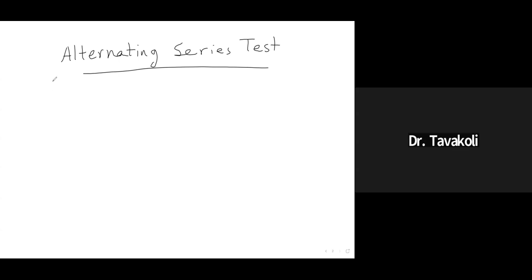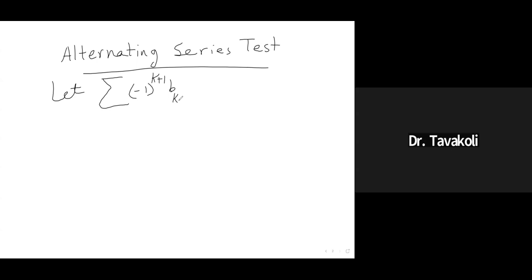So let's have a series sigma of -1 to the power of k or k plus 1, it doesn't matter. Anyway, it makes it alternating, times some term, we call it bk. And k can run from 1 to infinity or from any other integer to infinity.